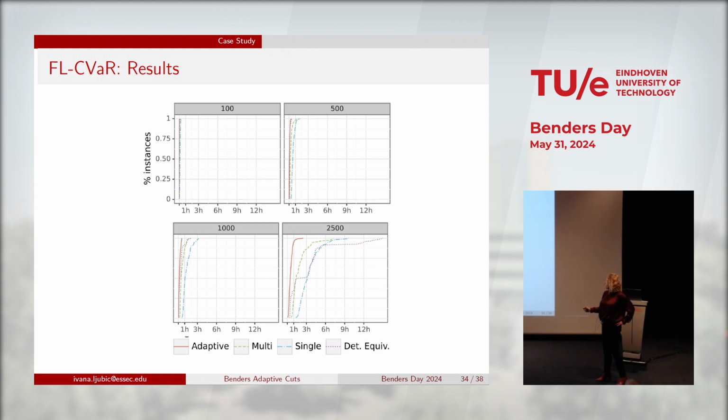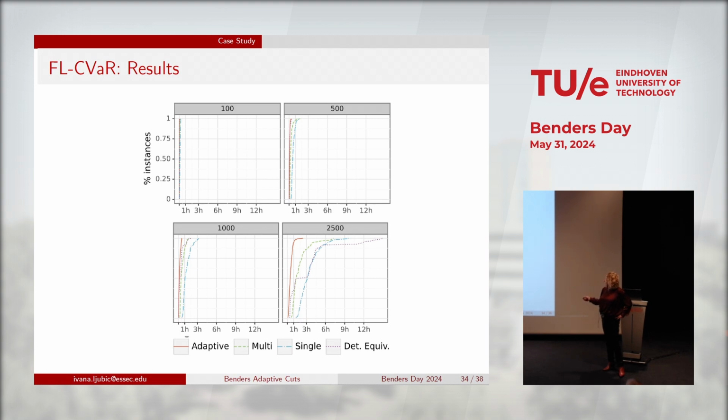And again, we have a similar kind of performance cumulative charts. And here red again stands for the adaptive. And you can see that now already for more than 1,000 scenarios, we have a clear advantage of using adaptive versus both single or multicut, or of course versus the deterministic equivalent.